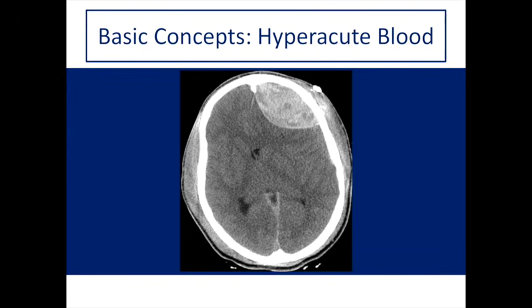The areas of high density represent acute clotted blood, but there are also areas of lower density within, like here and here and here. These areas represent hyperacute blood that is not yet clotted. Some people refer to this appearance as a swirl sign, but the name of the sign doesn't matter so much. If you understand the basic principle, that the areas of low density here represent hyperacute or ongoing bleeding, you'll be fine.